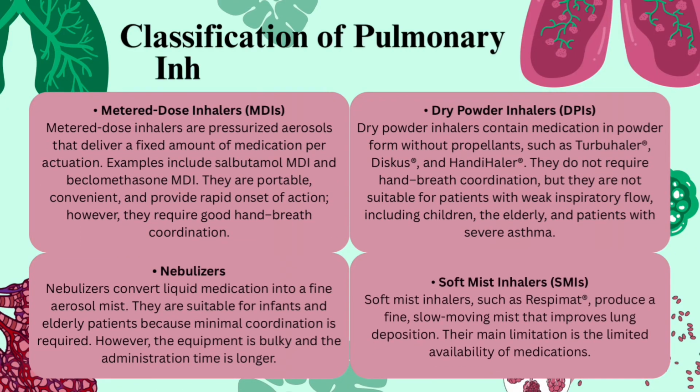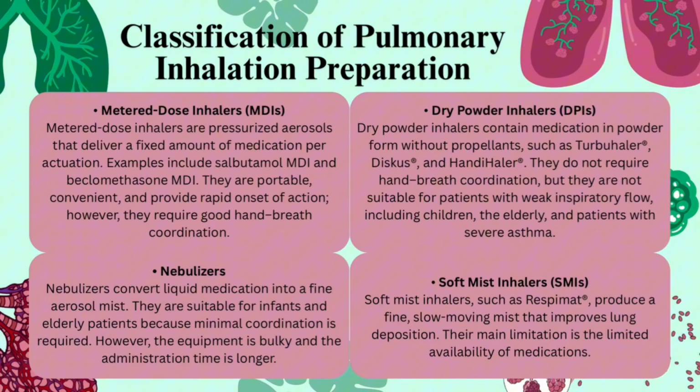This slide shows the classification of pulmonary inhalation preparation, which are dosage forms designed to deliver medication directly into the lung for the treatment of respiratory disease such as asthma and COPD. First, metered dose inhaler, MDI.